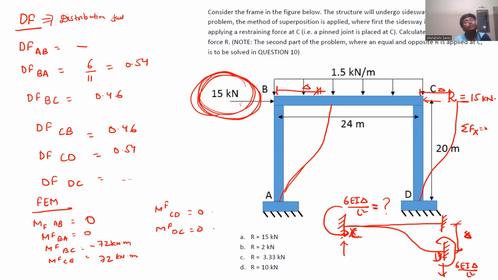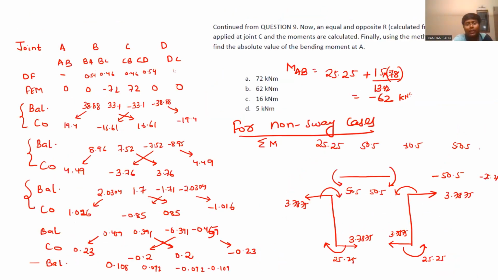I mean, can't we apply the moment distribution method or slope deflection method to these problems? This problem we did by moment distribution only, right? No, the previous class problem. Any problem you can do.